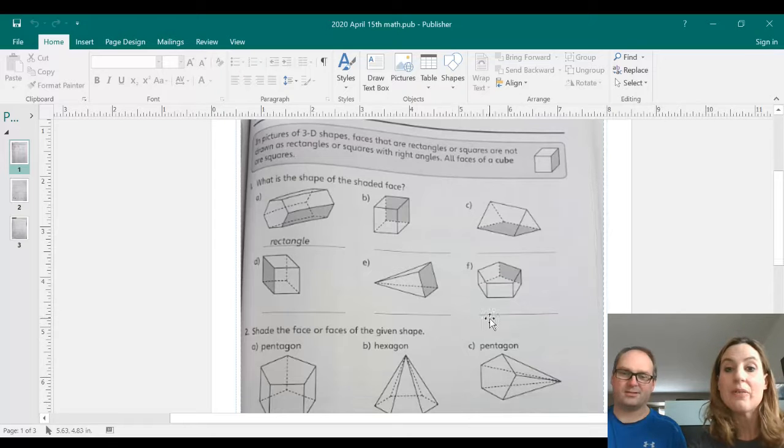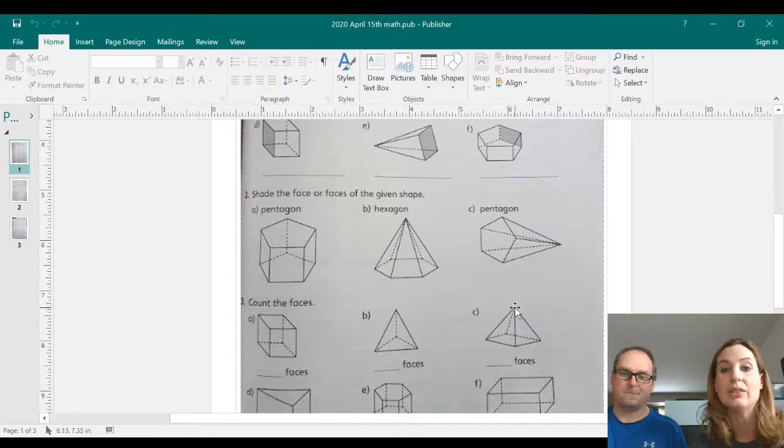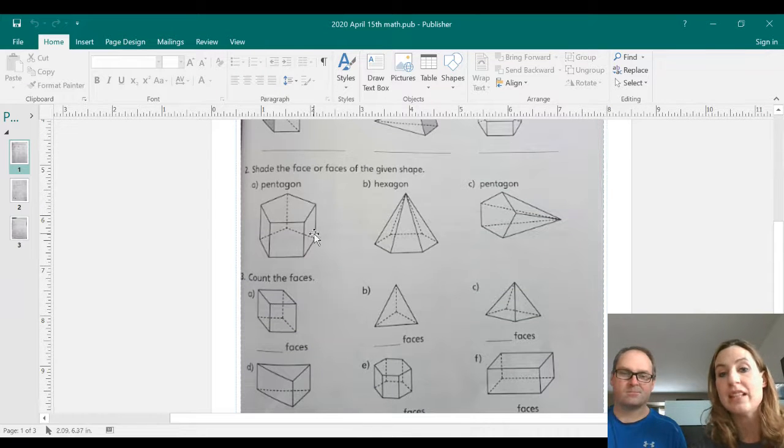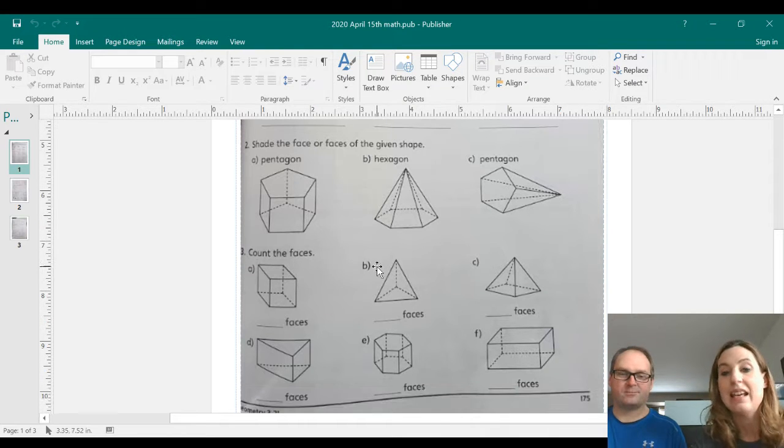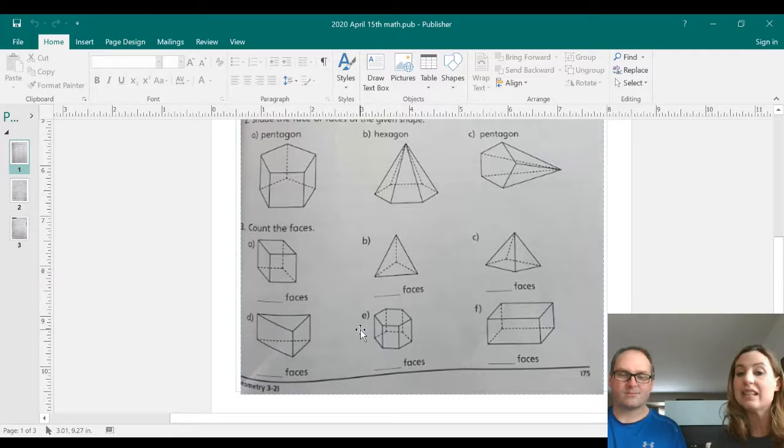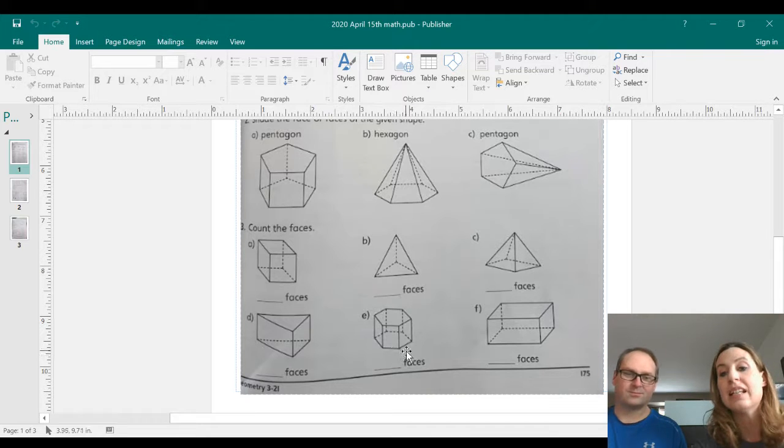Perfect. Now if we look at the pages that you're going to do, you have to shade the faces for each of these 3 shapes, but you have to shade both the faces and the bases. Now for this, again, the key is to look for the base. And once you look at the base, then you can figure out how many faces you have. So if we look at this one, you say to yourself, okay, I have 2 bases, and then I'm going to count all of the edges around the one base because each edge has a face attached.